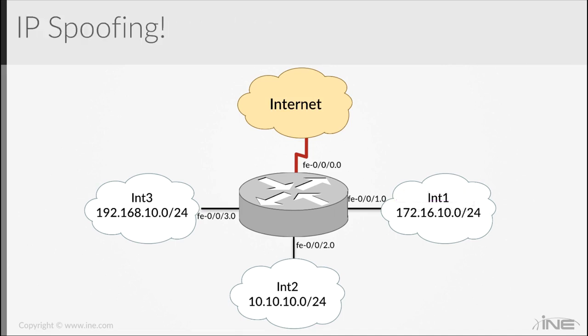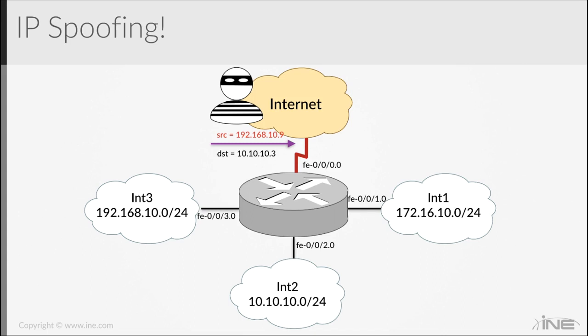Now let's have a look at actual spoofing. A hacker on the internet has learned about the internal networks and is now trying to exploit the relationship of trust that exists between interface 3 and interface 2 networks, and it's going to pretend to be sourcing the packet from 192.168.10.9, which is supposed to be on interface 3, and it's going to destine it to interface 2 and its associated network, which is 10.10.10.0/24.